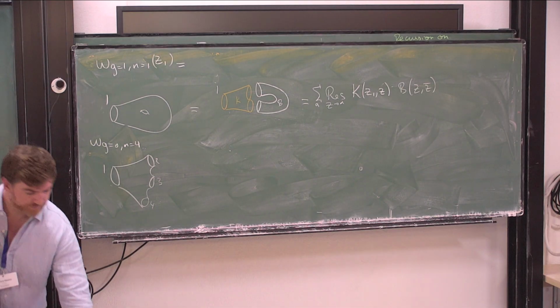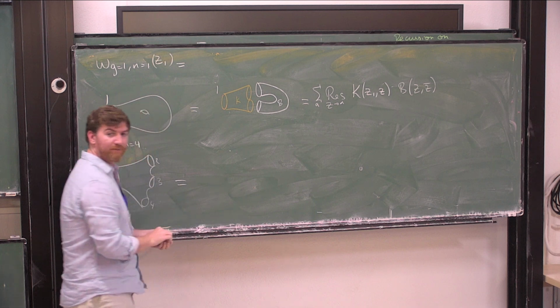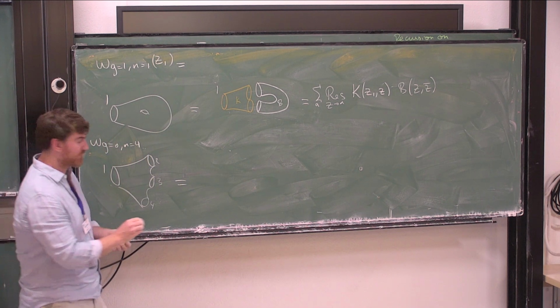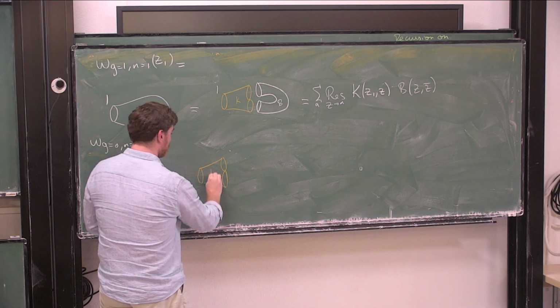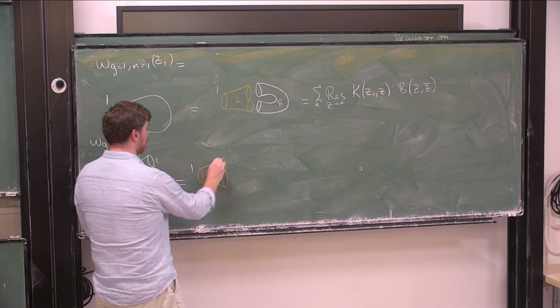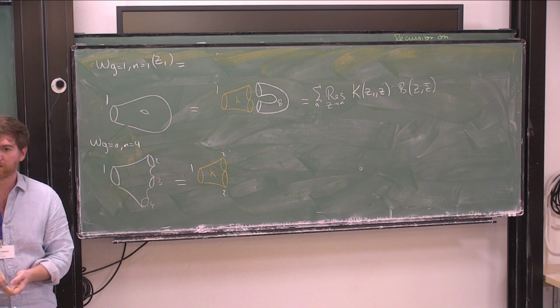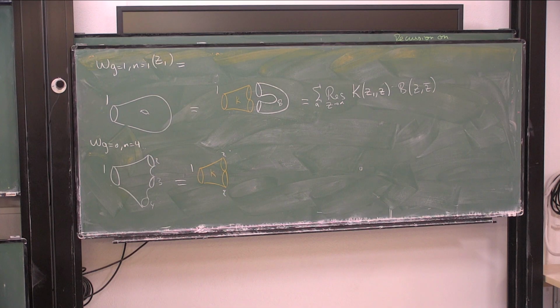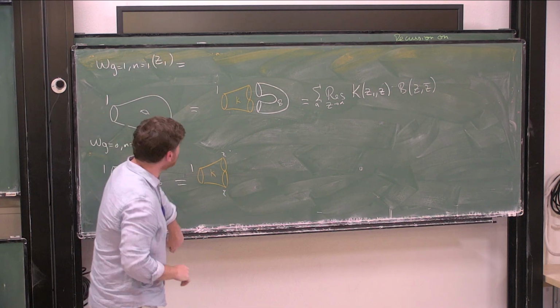So what happens now? We draw K. Okay, we draw K, exactly. Now what am I drawing? Cylinder and another K.